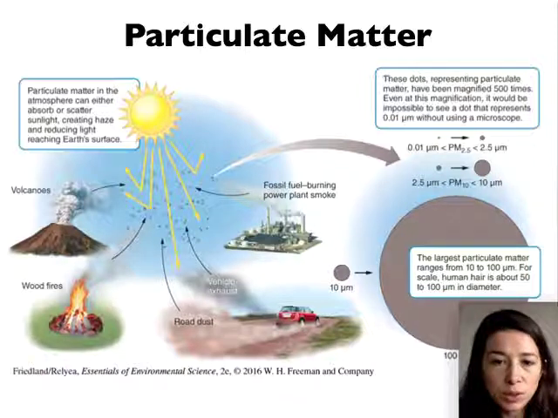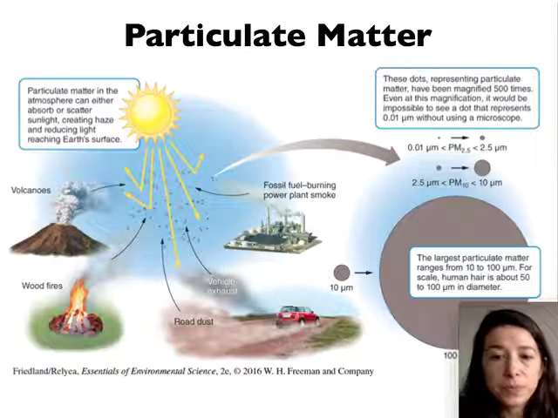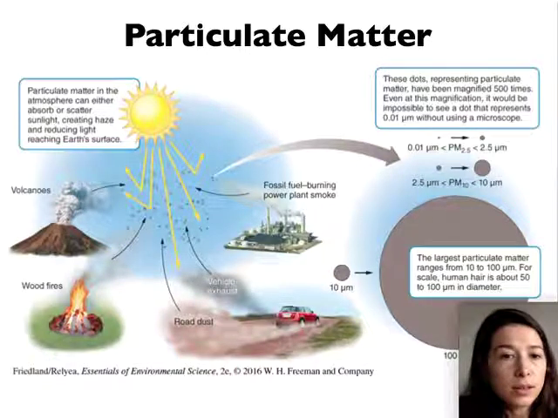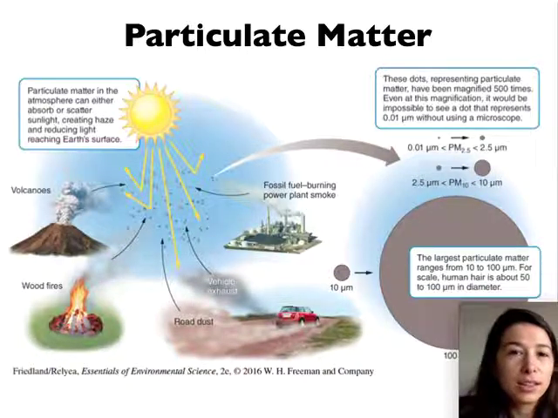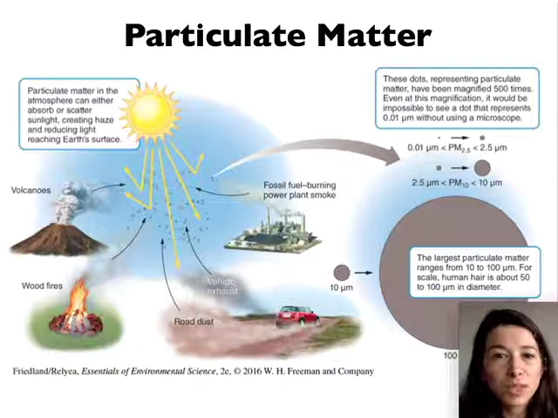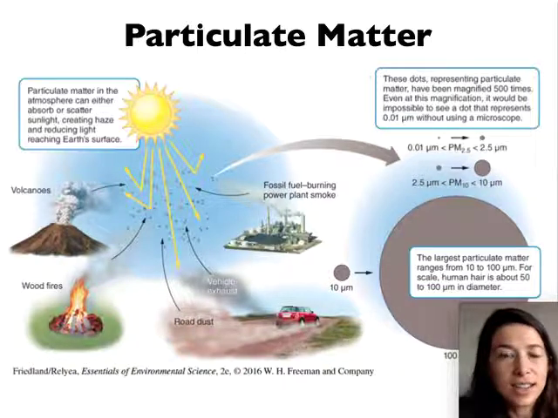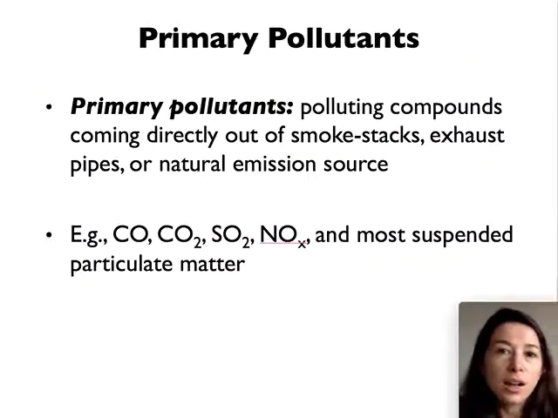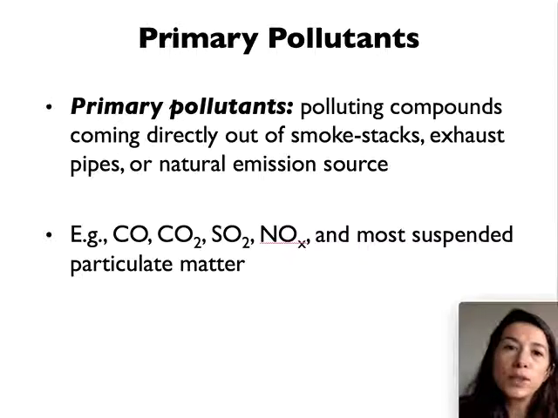Here they're showing you the relative sizes of the particulate matter, and again, it's kind of a nebulous term. We will talk specifically about sulfur and VOCs and the effect that they have, but particulate matter is also a big source of pollution.